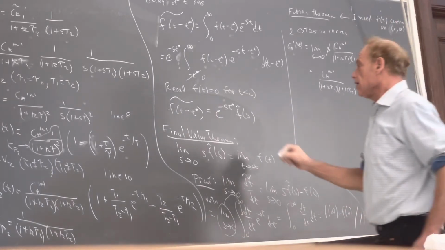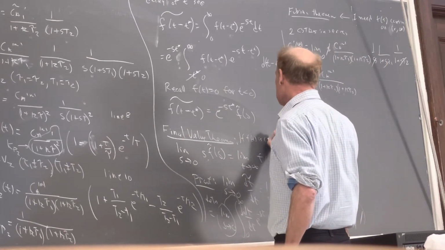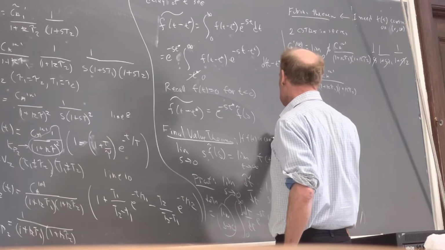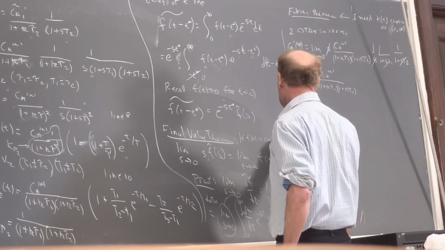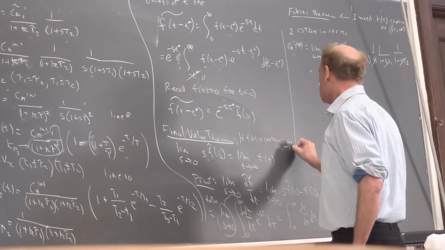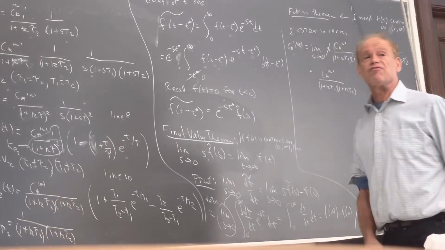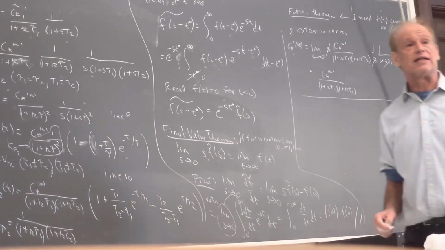So I should have written, if f of t is continuous on 0 to infinity, then I need f to be continuous. So let me give you an example where this fails if f is not continuous.